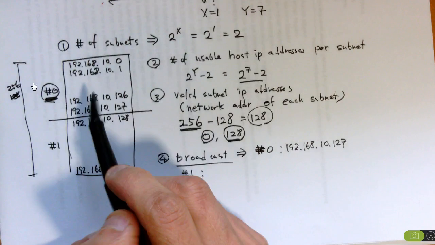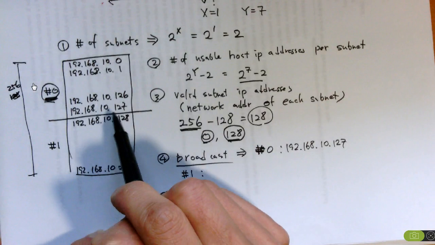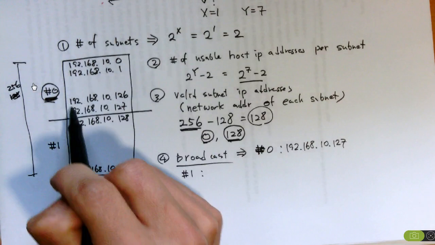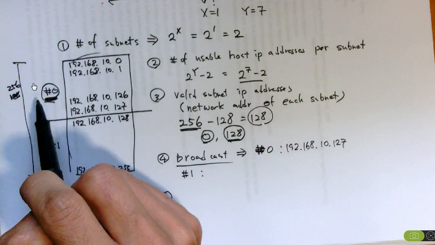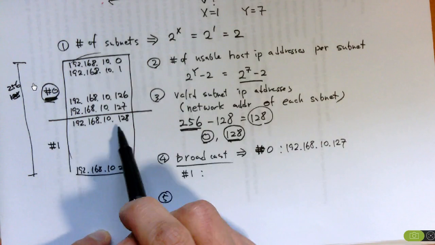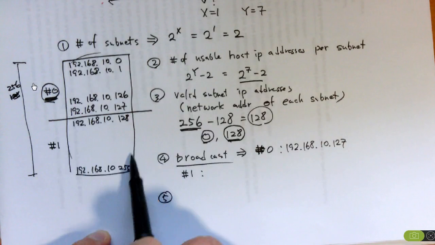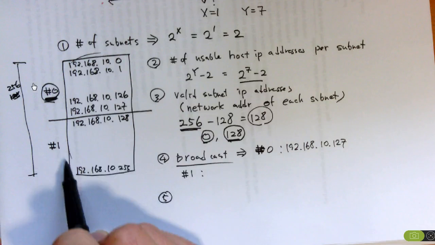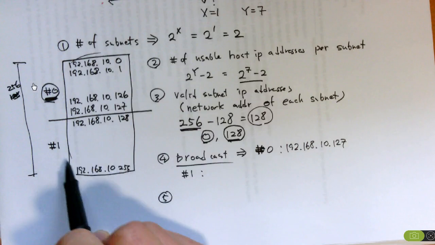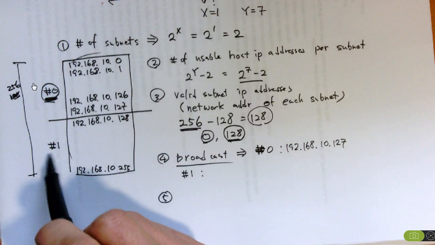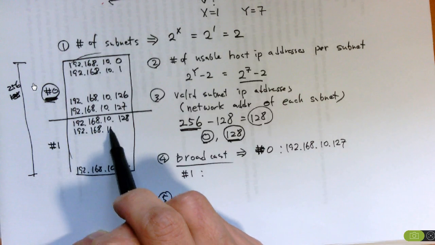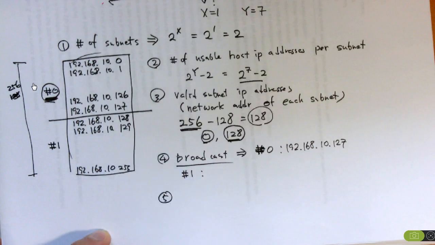The last usable host IP address of the first subnet, subnet number 0, is 192.168.10.126. The first usable host IP address of the second subnet, subnet number 1, is 192.168.10.129.